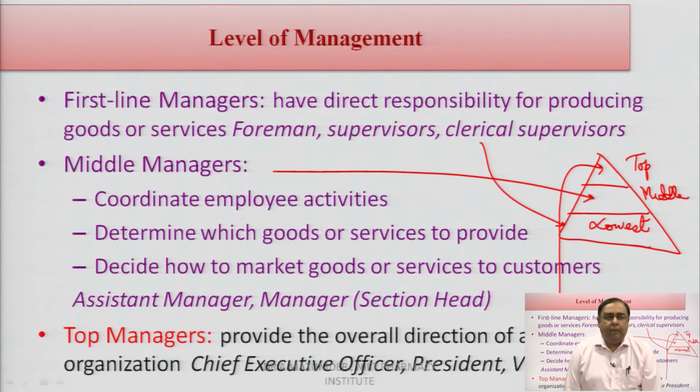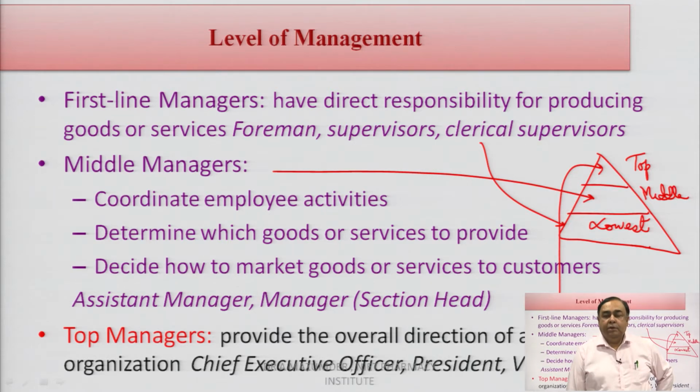Now, the lowest level managers, commonly referred to as the first line managers, have a direct responsibility for the production of the goods and the services. I am repeating once again: the first line managers have the direct responsibility for producing the goods and the services in an organization. Therefore, they are termed as foremen.